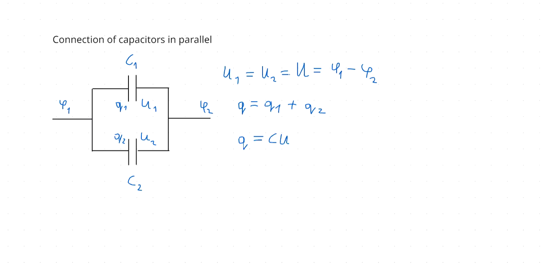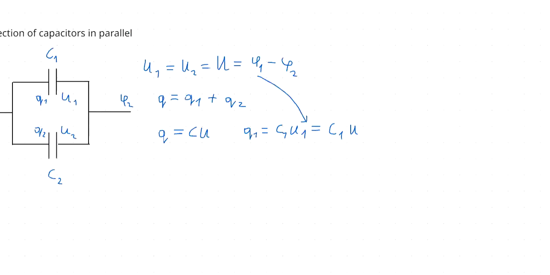We can write a similar formula for charge Q1: it will be C1 multiplied by U1, and that is C1 multiplied by U. For the second charge we have a very similar formula: Q2 equals C2 U2, the second capacitance multiplied by voltage.